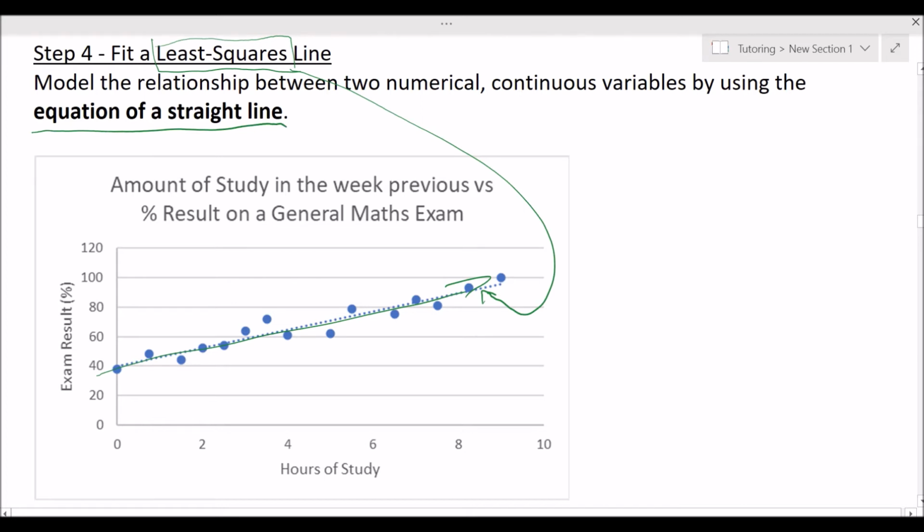Now, you might remember that from Unit 1 of Year 11 being y equals mx plus c. Well, we've got slightly different symbols, but it's still the same general formula.